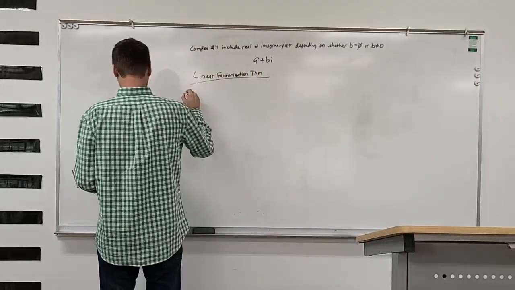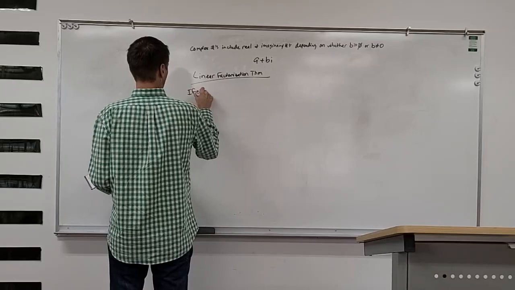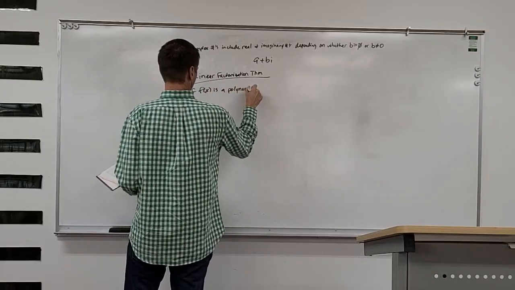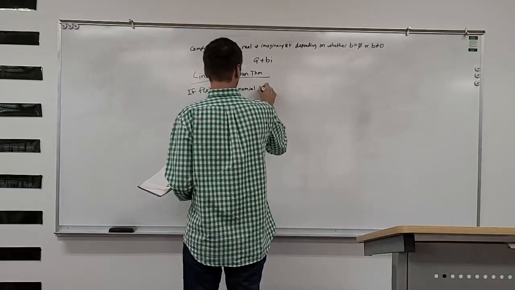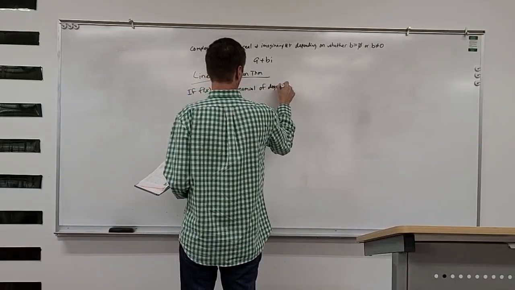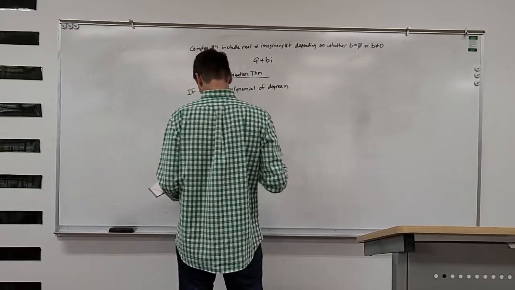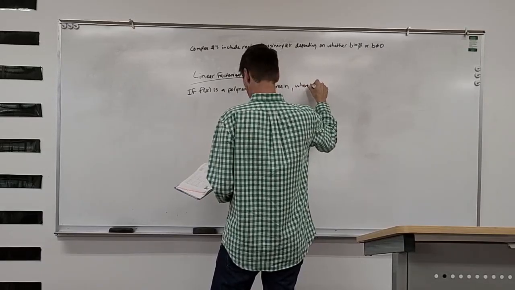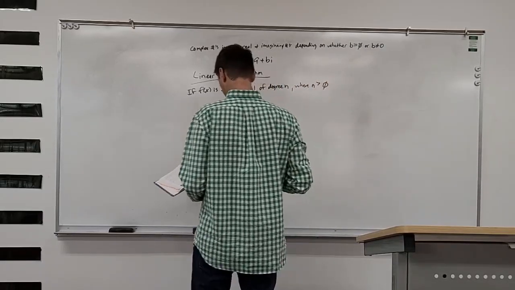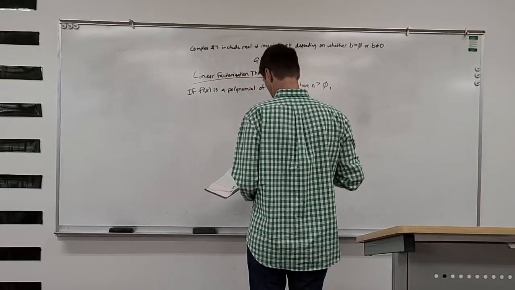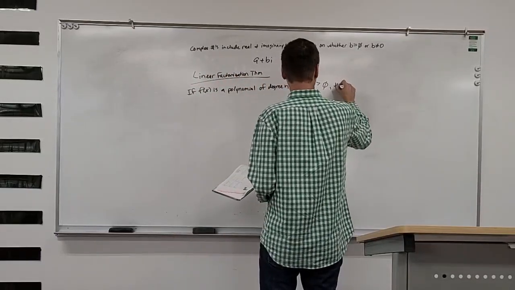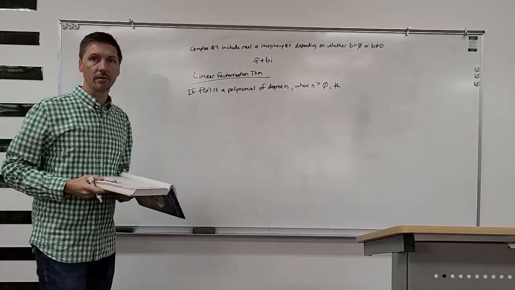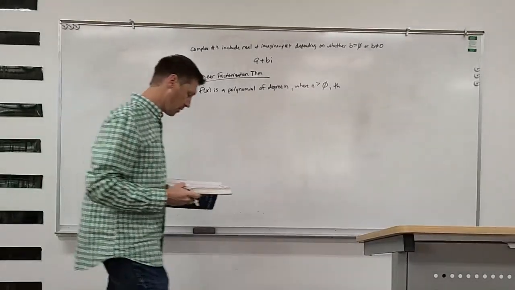So if f of x is a polynomial of degree n, which means n is the highest power on the variable, where n is greater than 0, then, in other words, if n is greater than 0, we have to have at least one term that's got a variable in it.